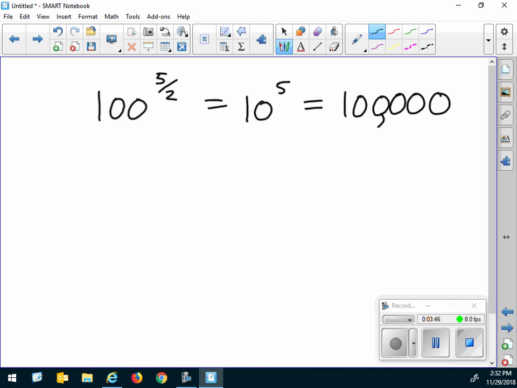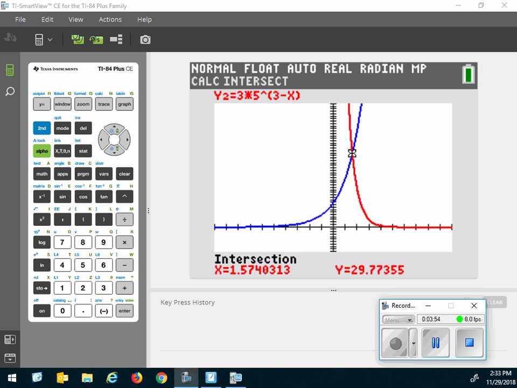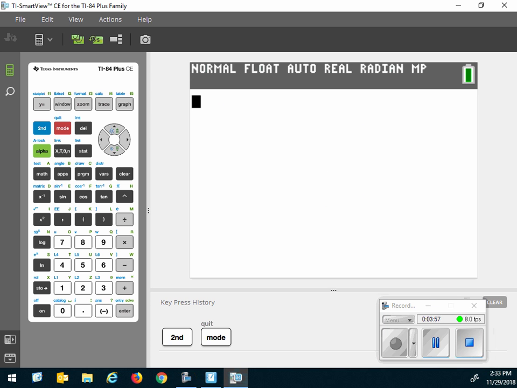Now, notice I told you to get a graphing calculator today. So now let's continue. I ask you to do a problem like 27 to the 2/3 power. What does this tell you to do?